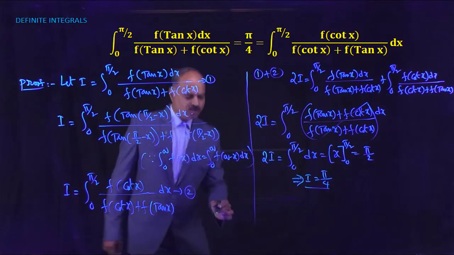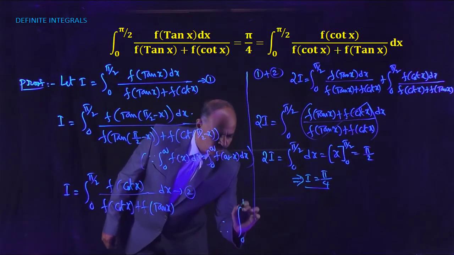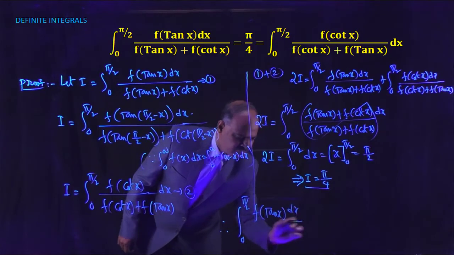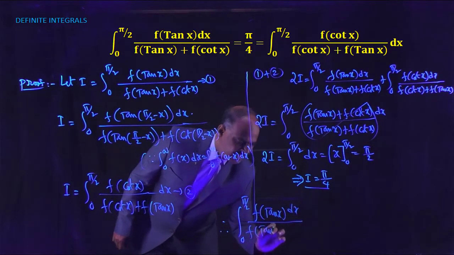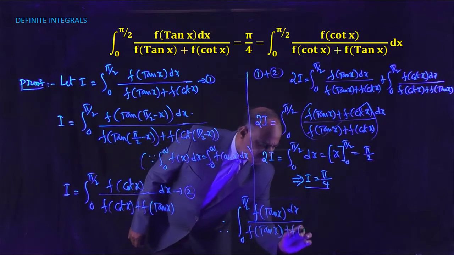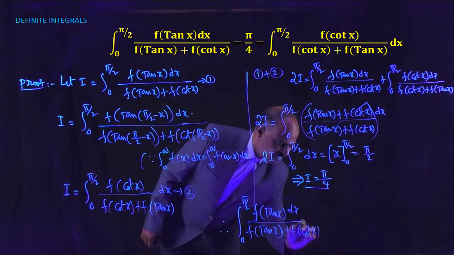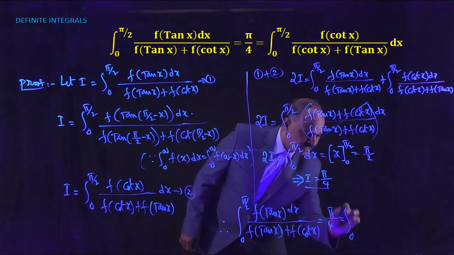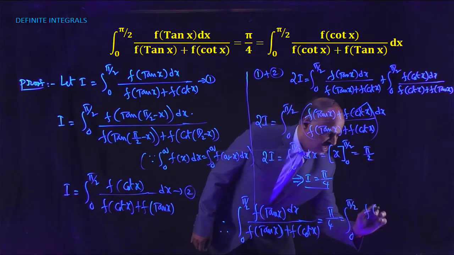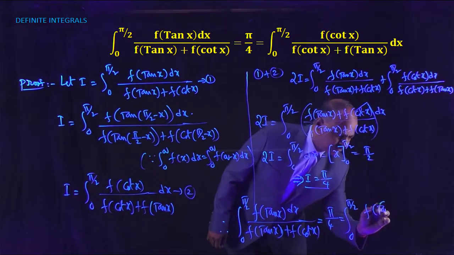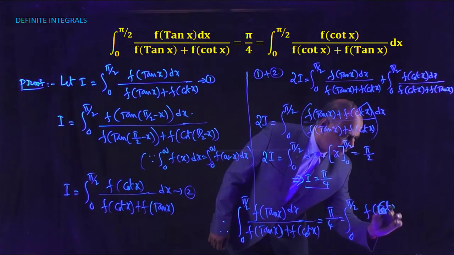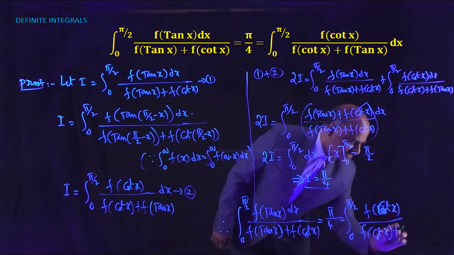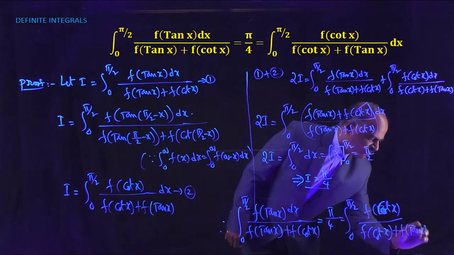Therefore integral 0 to pi by 2 f of tan x dx by f of tan x plus f of cot x equals pi by 4, that is equal to integral 0 to pi by 2 f of cot x by f of cot x plus f of tan x dx.